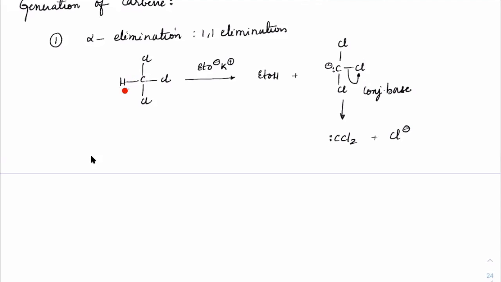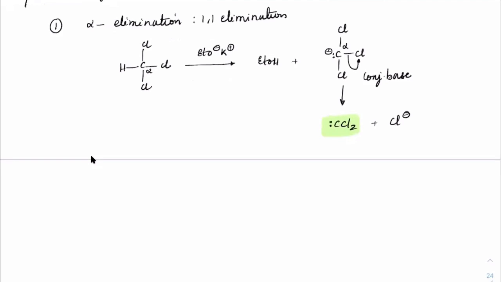Hydrogen is also going from the alpha carbon. Chlorine is also going from the alpha carbon. So that's why it is called alpha elimination. So H as well as Cl have both been eliminated from the alpha position only to generate this type of carbene molecule. This is one way of generating carbene.